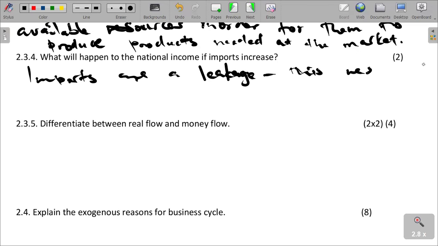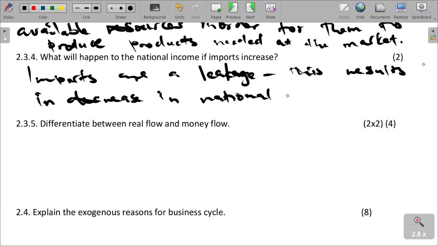It results in a decrease in national income. National income becomes less, because we are spending a lot and taking out our income.